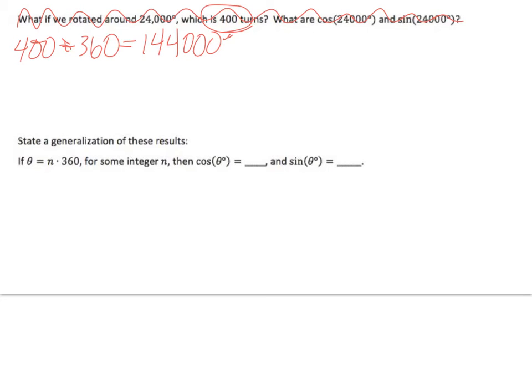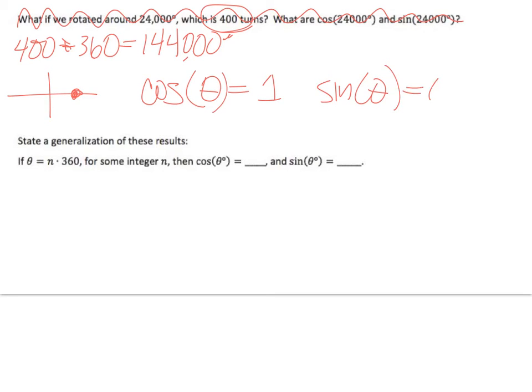But in the spirit of the question, if we rotated around 144,000 degrees, which is 400 turns, what is cosine of that degree and sine of that degree? It's going to be the same because our point is on the x-axis. So cosine is x, which is 1, and sine of that value is going to be 0. I just think there's a slight mistake.